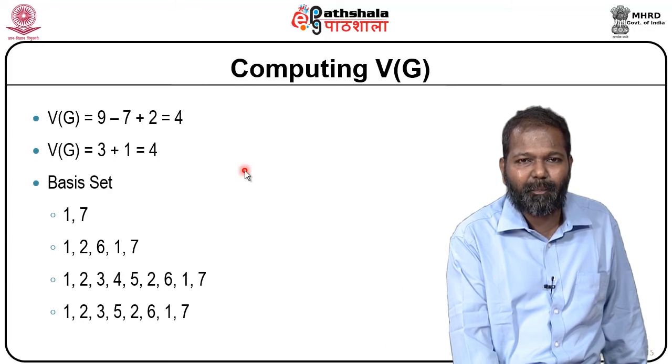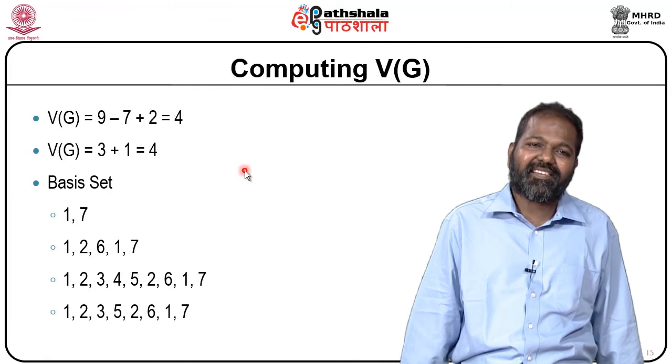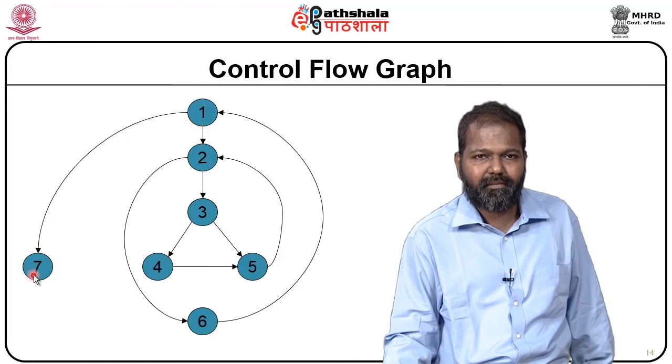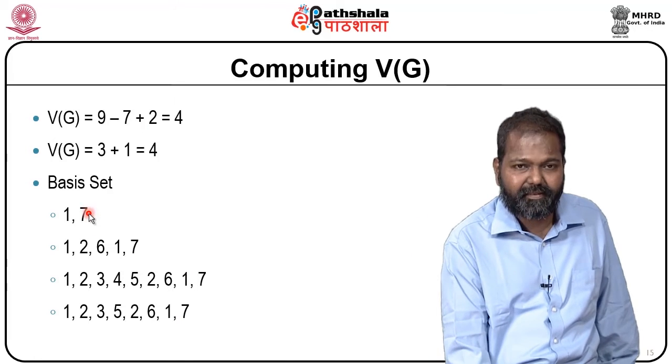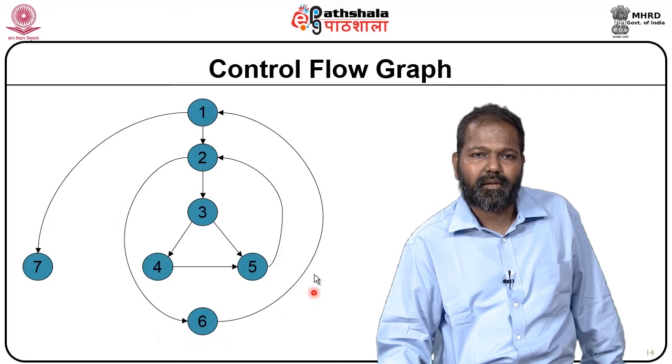Now, what is the basis set here, or how do you arrive at your basis set? 1, 7, which is specified as the first set. Next, 1, 2, 6, 1, 7.